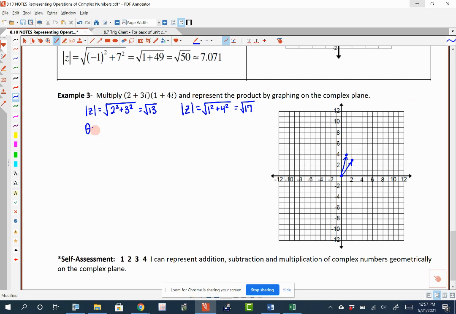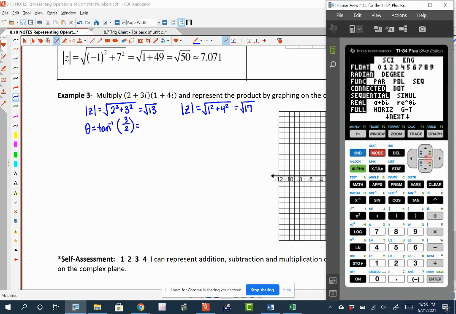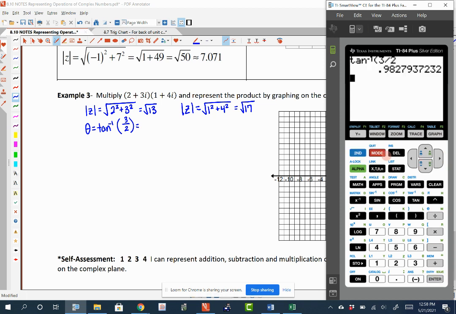So you know the length of each of their moduli, so let's go ahead and find their theta. We take the inverse tangent of their b over their a. I'd probably use my calculator just to make that a little faster. Inverse tangent of 3 divided by 2. Oh, whoops, this may be in the wrong mode. Let me check that. Yep, that is not in degrees. Let's try that again.